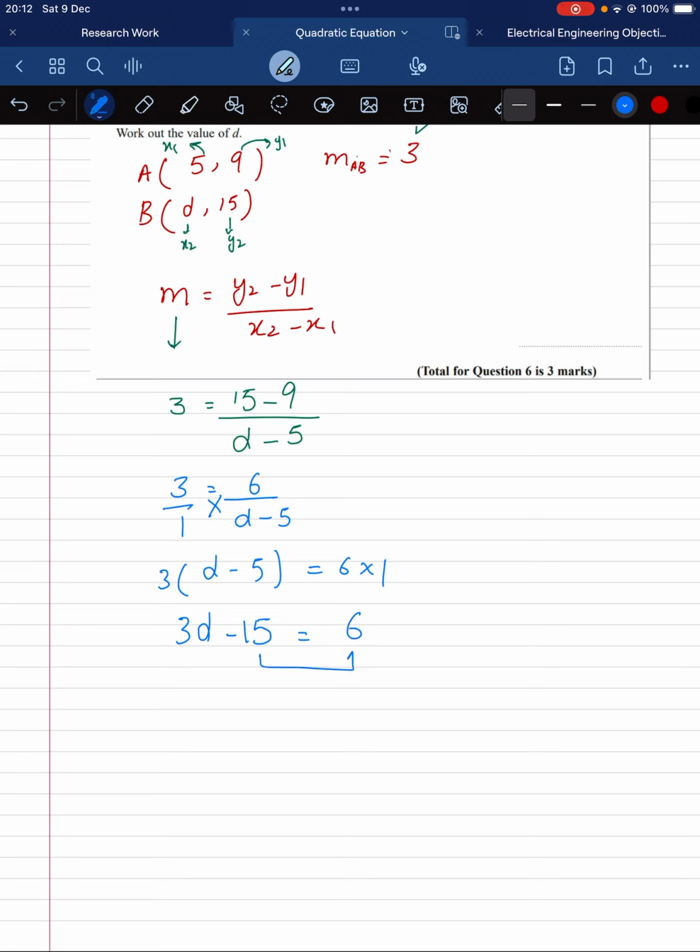So this 15 will be added on the other side, so 3D is equal to 6 plus 15, and 3D is equal to 21. This 3 will divide on the other side, so D is equal to 21 over 3, so D is equal to 7. So the value of D is 7.